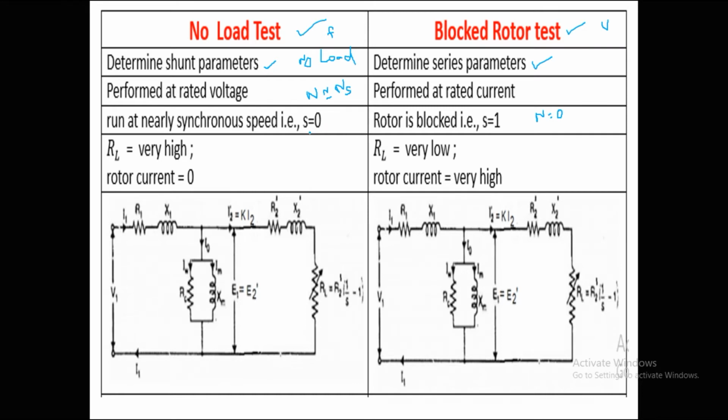Because of that, the value of slip is 0 in the no load test and slip is 1 in the blocked rotor test. So we can say in no load the rotor circuit looks almost like an open circuit, whereas in the blocked rotor test the rotor looks like a short circuit.